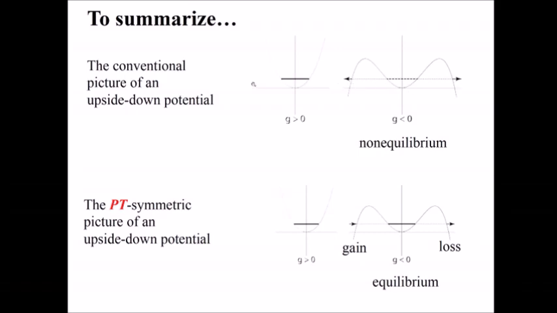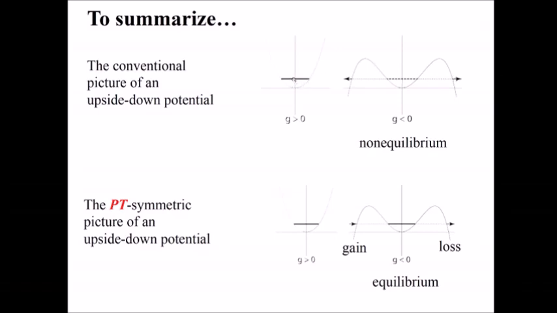That's what you learn in your quantum mechanics course. And this is not an equilibrium situation, because the particle in this potential well is gradually disappearing and traveling out to infinity.